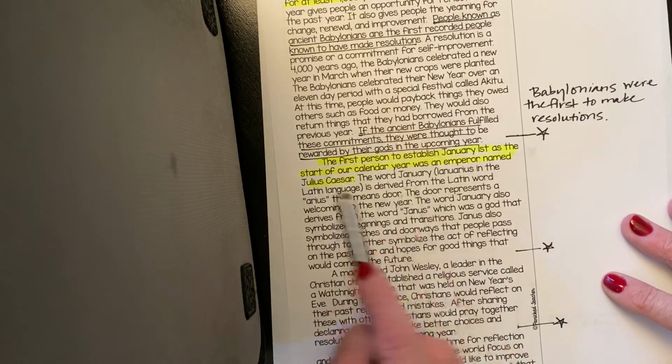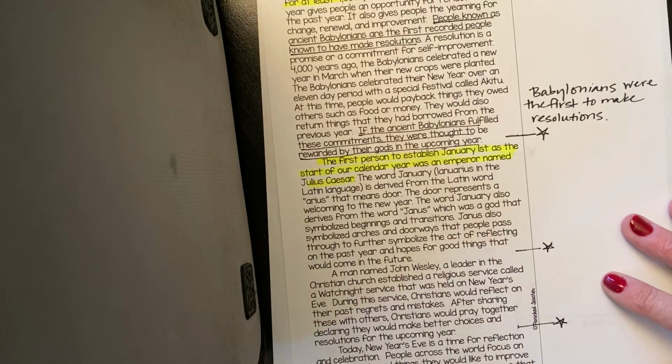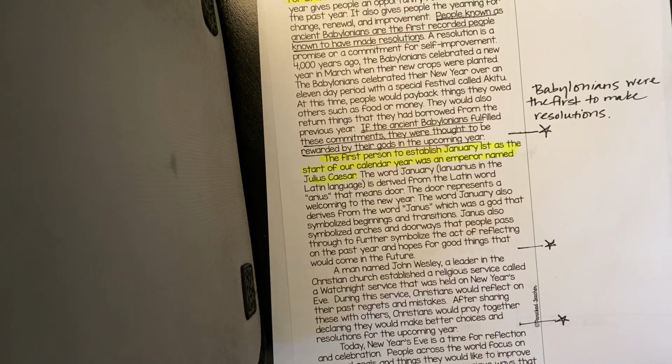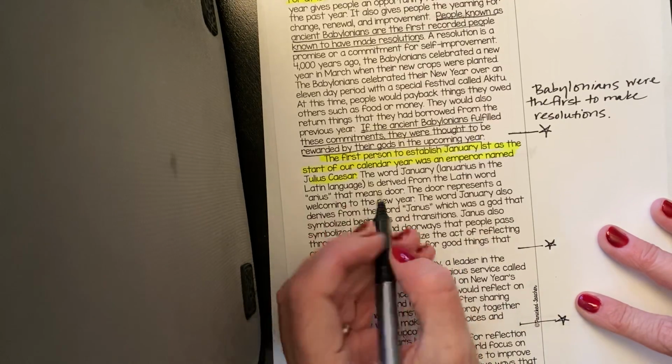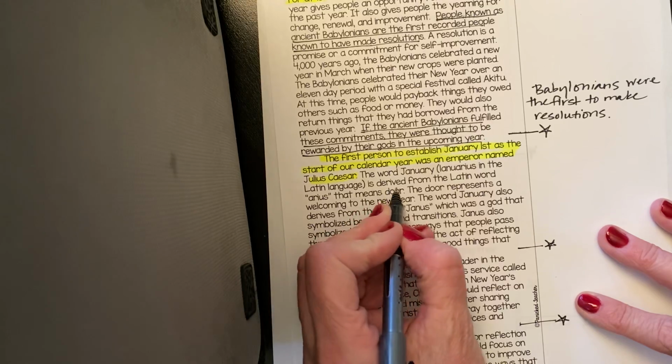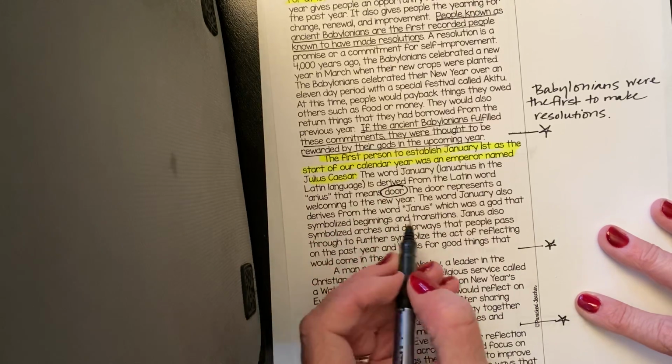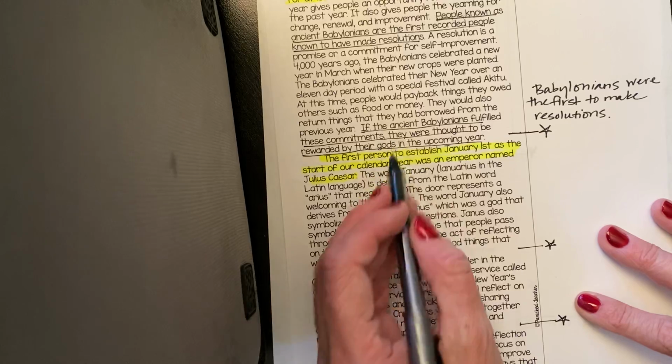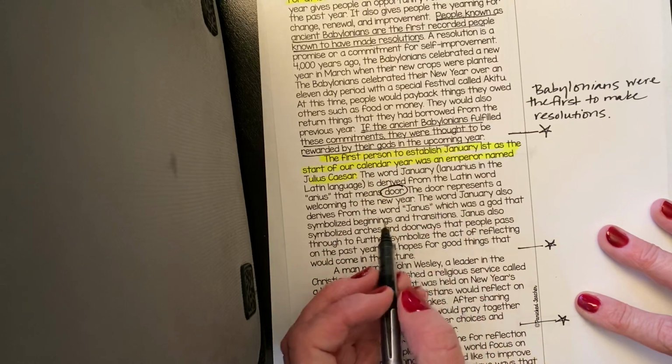All right, so our topic sentence is Julius Caesar established January 1st. Some details. I would think that the meaning of January, it means door. Okay, it also means, I know I'm circling and I asked you to underline, but it's okay, we can circle too.